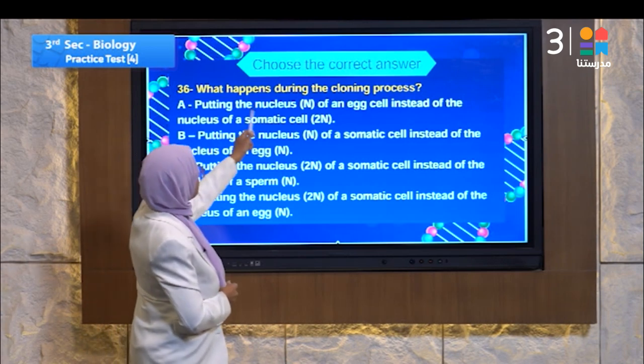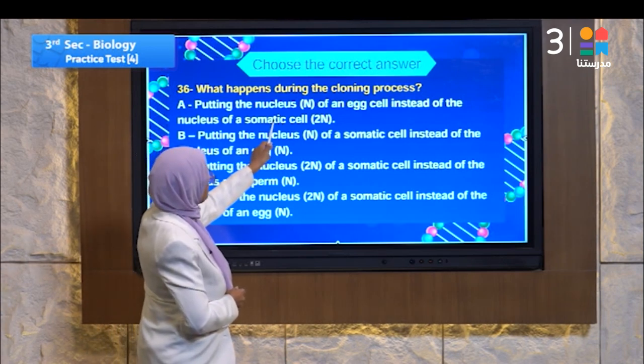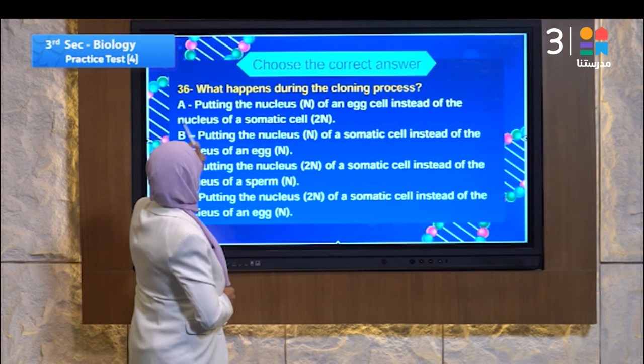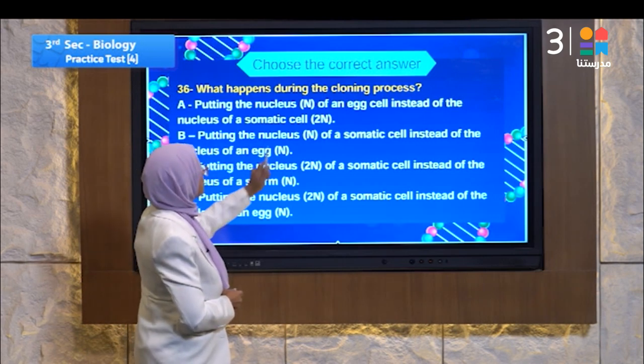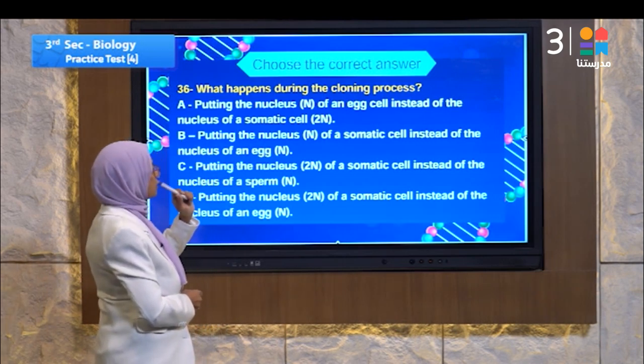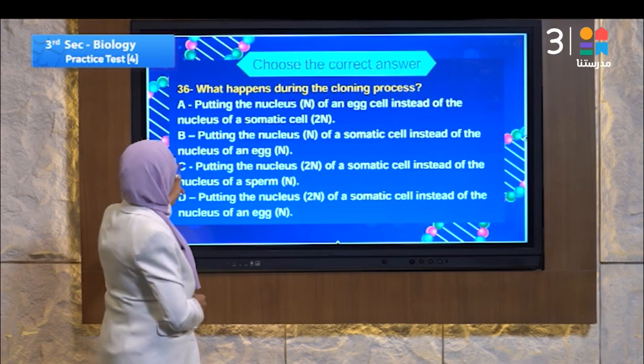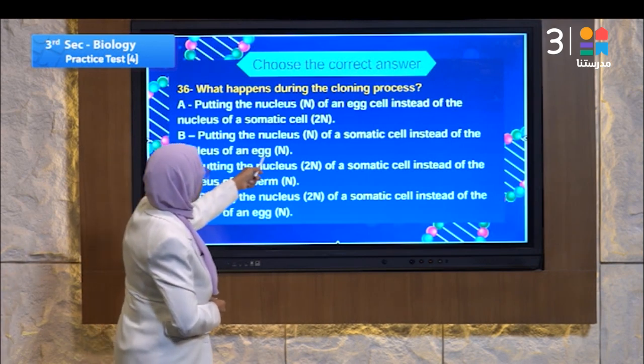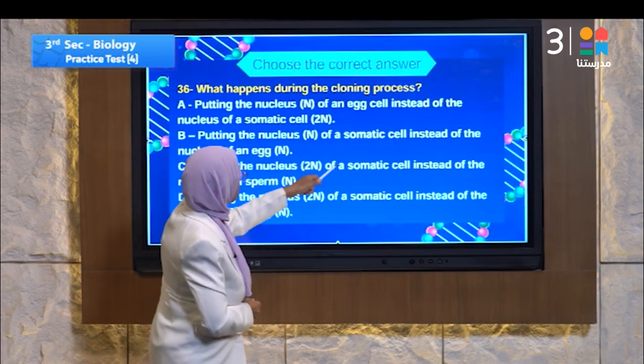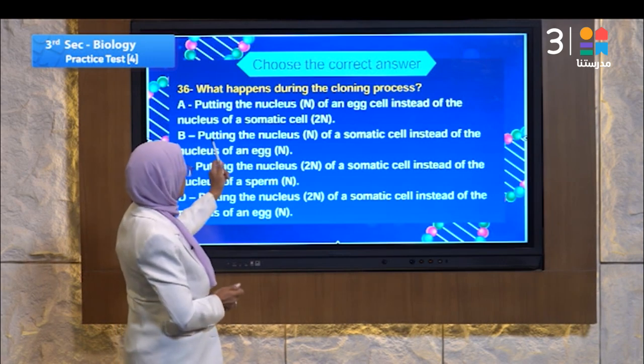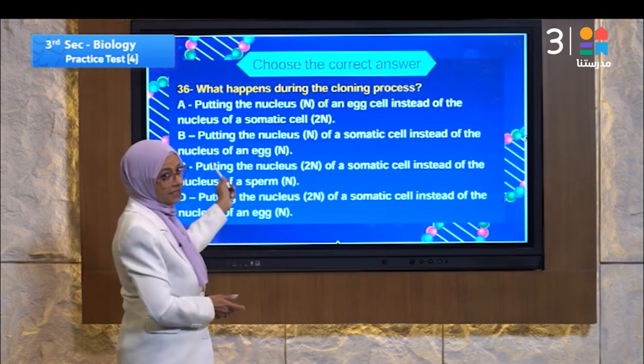Number A, putting the nucleus of an egg cell instead of the nucleus of somatic cells. It will not make cloning. Number B, putting the nucleus of a somatic cell instead of the nucleus of an egg. Let's read.